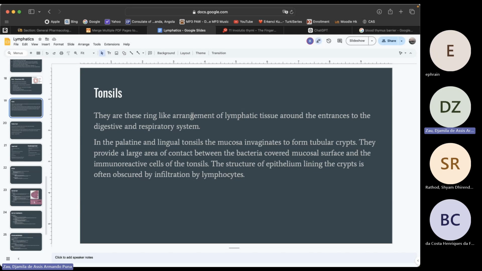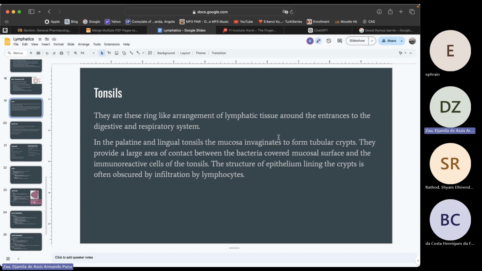I'm not sure because they change it year to year. But the palatine and lingual tonsils form mucosas. The mucosa will form invaginations, and you're going to have these tubular crypts. And this is going to cause food and bacteria to get stuck there, if that makes sense.